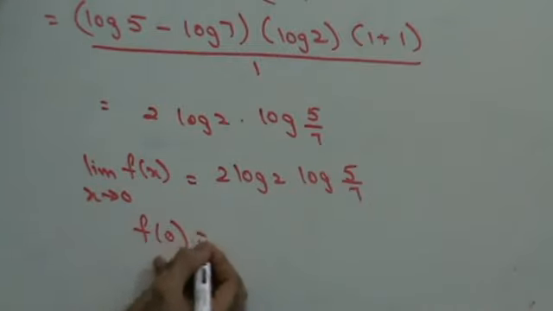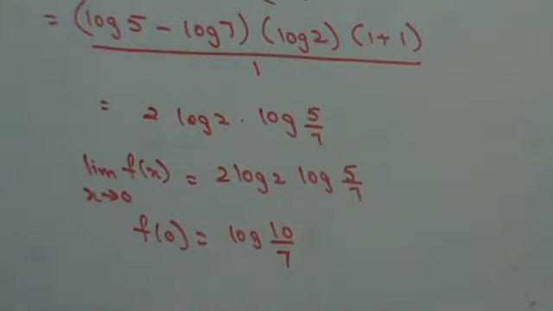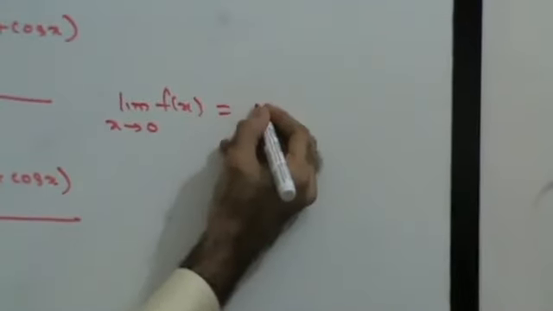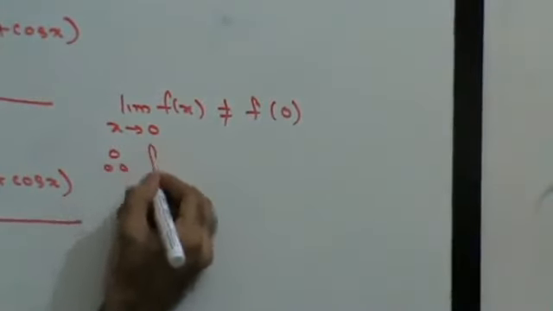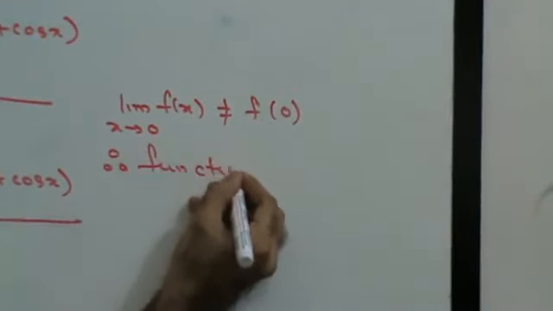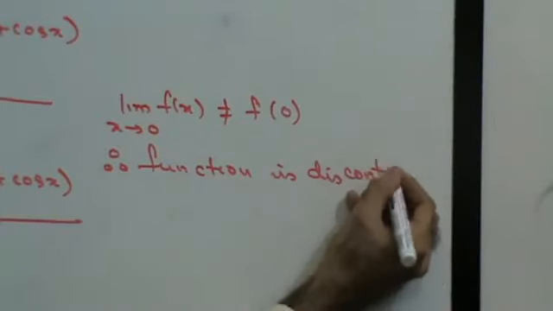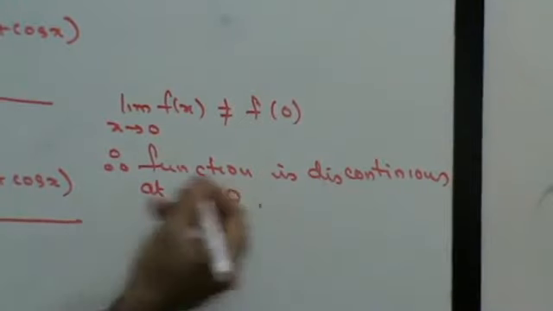But in the sum they have given you that f of 0 is log 10 upon 7. You just continue the sum there. So you will say that limit of f of x as x tends to 0 is not equal to f of 0. Therefore, function is discontinuous at x is equal to 0.